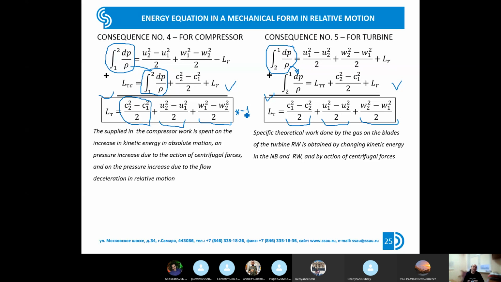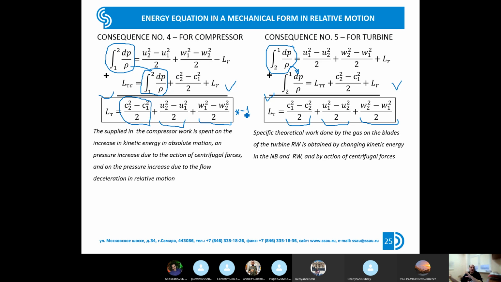It's really typical for the formulas for the compressor and for the turbine. In future, you will see using other equations that it's really very typical. For the compressor and for the turbine we use the same equation with only one difference: one equation multiplied by -1.